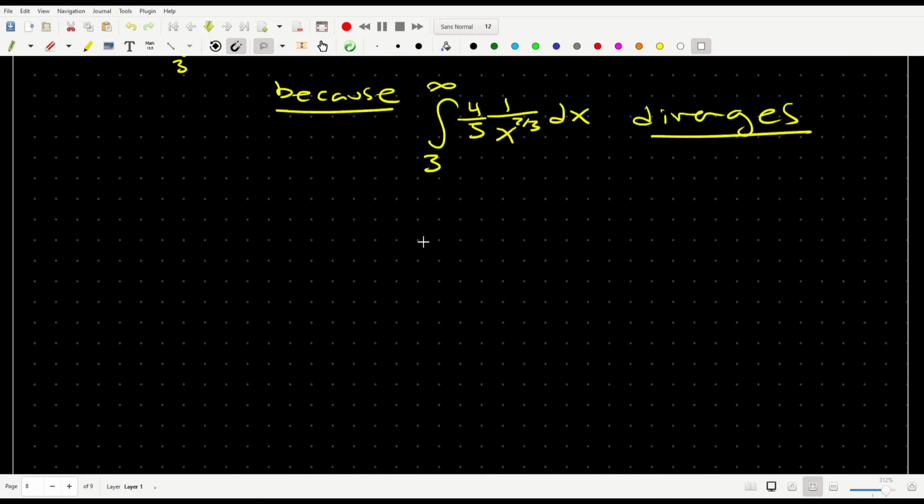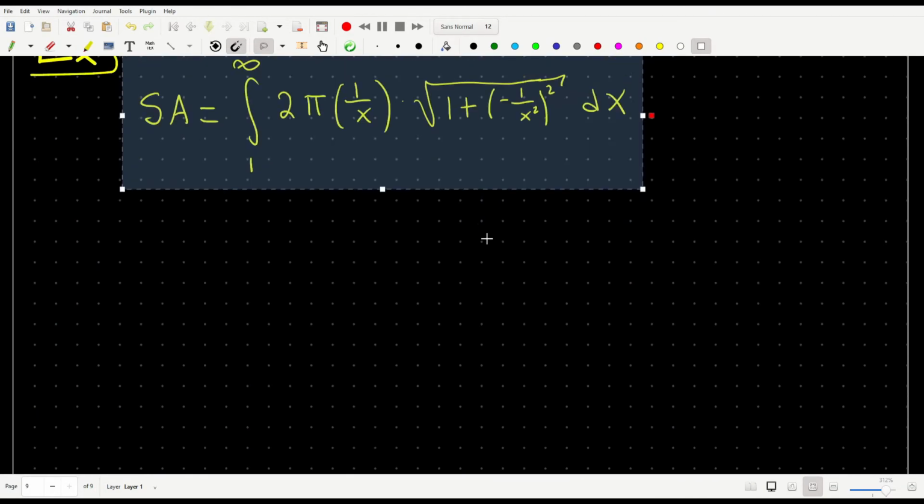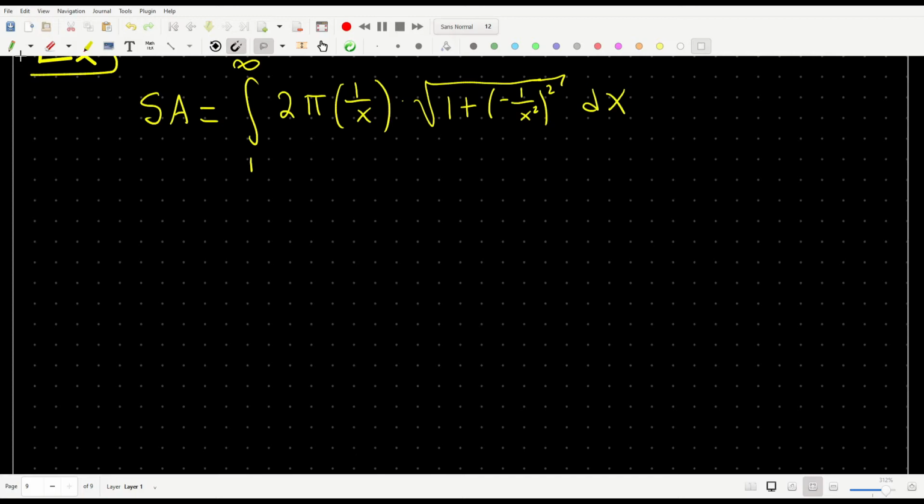I recommend that you practice and do that step. But you should see very clearly that we can just choose the function 1 over x for our comparison function, and the reason is given by the following limit.